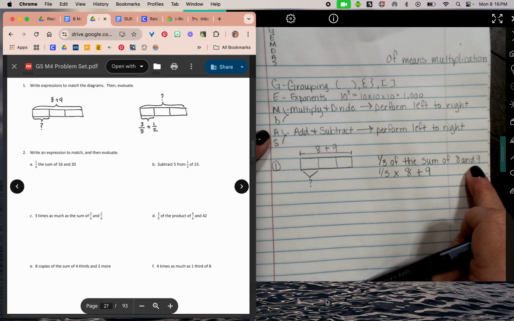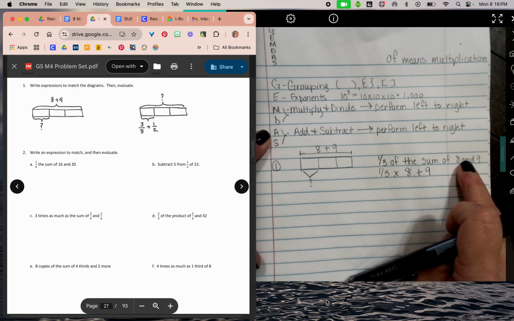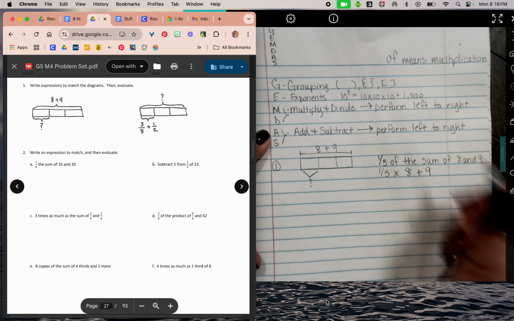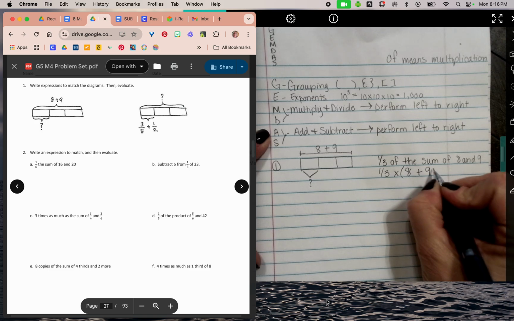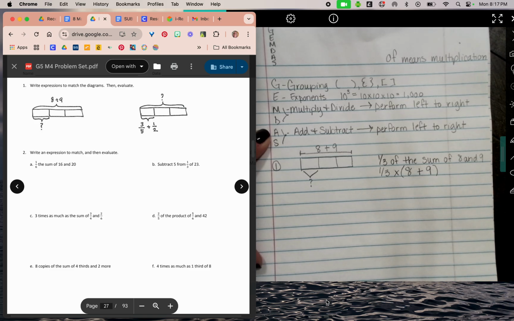So where addition is usually the last thing that is done, because I need 1/3 of that entire group, this is where I'm going to pull these parentheses in. I need this 8 and this 9 to be in a set of parentheses so that after I add those, I can take 1/3 of that whole entire number.